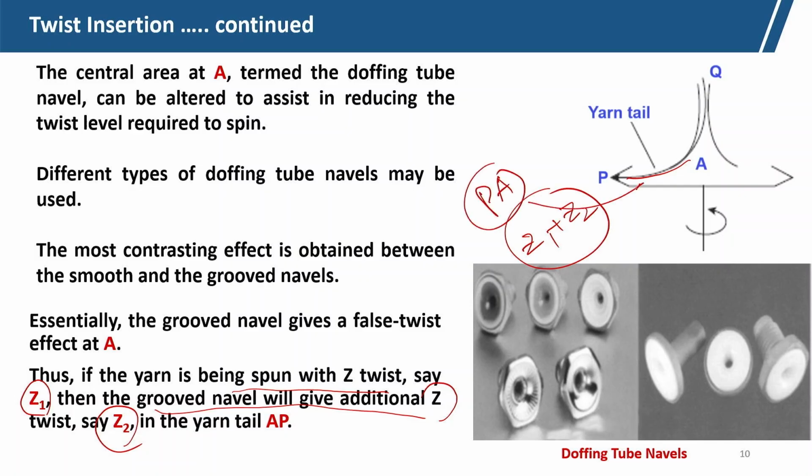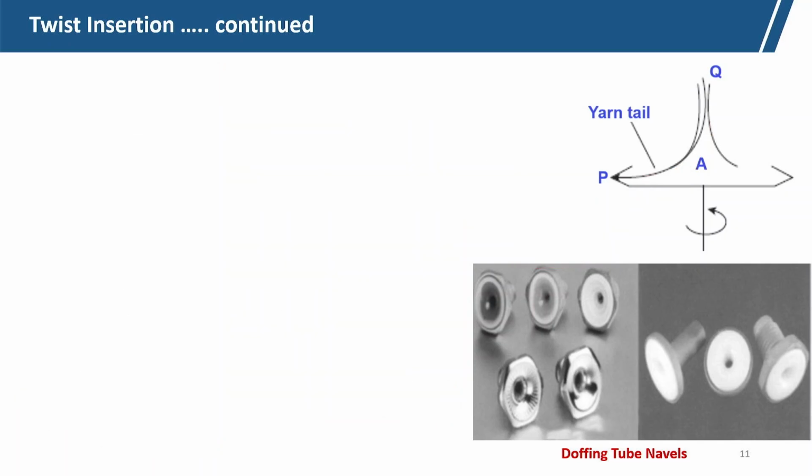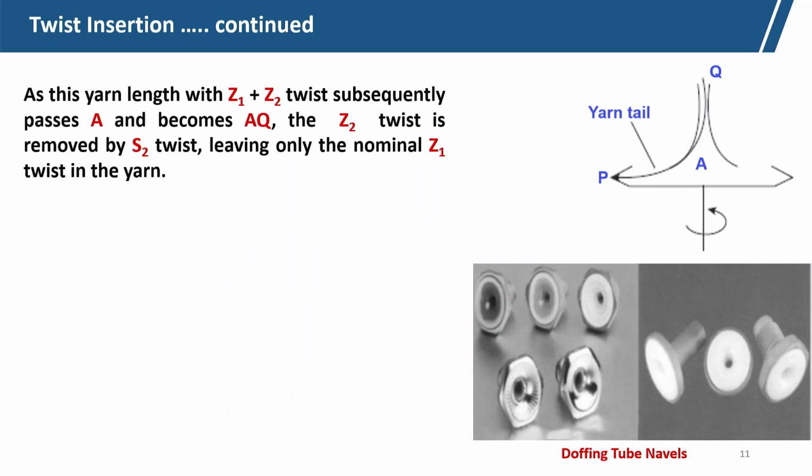This high twist will have sufficient torque, but as soon as it moves out, this Z2 will get nullified, and effectively the yarn twist will be Z1. Subsequently it passes, and therefore at AQ, Z2 will be removed.